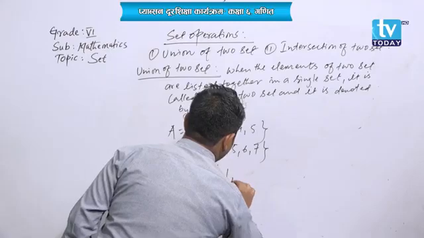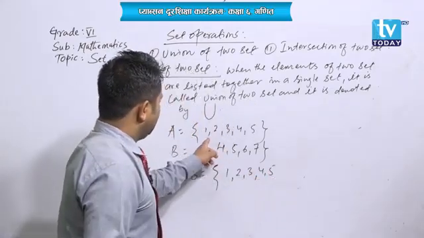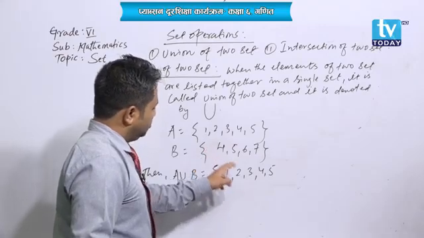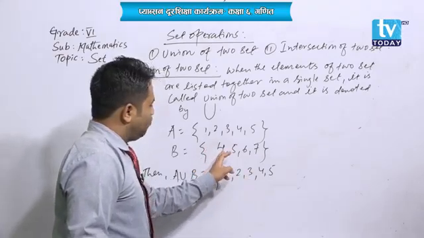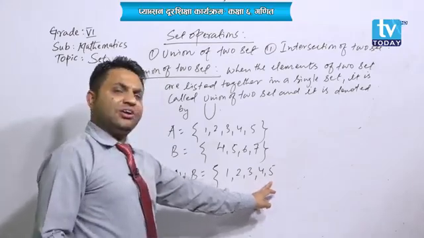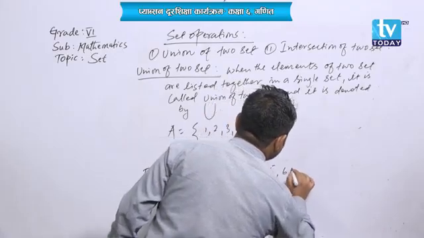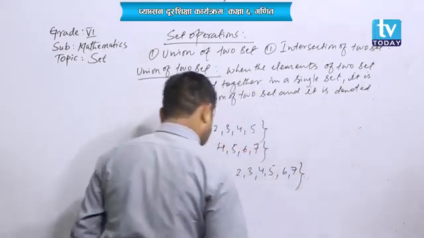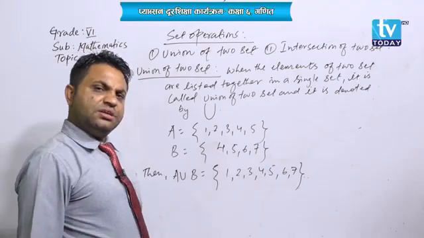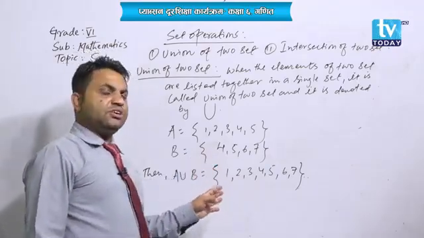Please write first 1, 2, 3, 4, 5. Now here there are no 1, 2, 3 in set B. 4, 5 are already written. Repeating elements you have to write only once. Then 4, 5 already written, so 6, 7. Is that clear? Repeating elements you have to write only once.